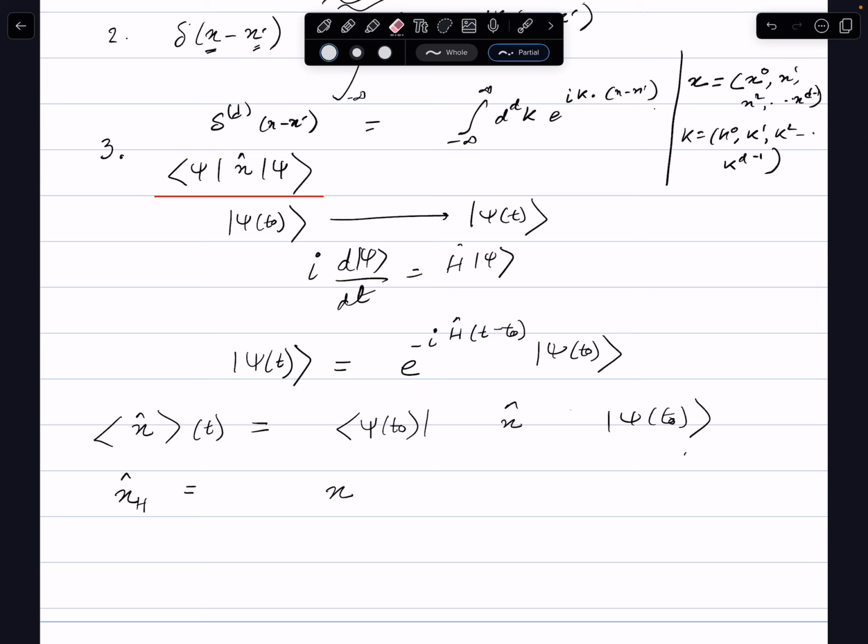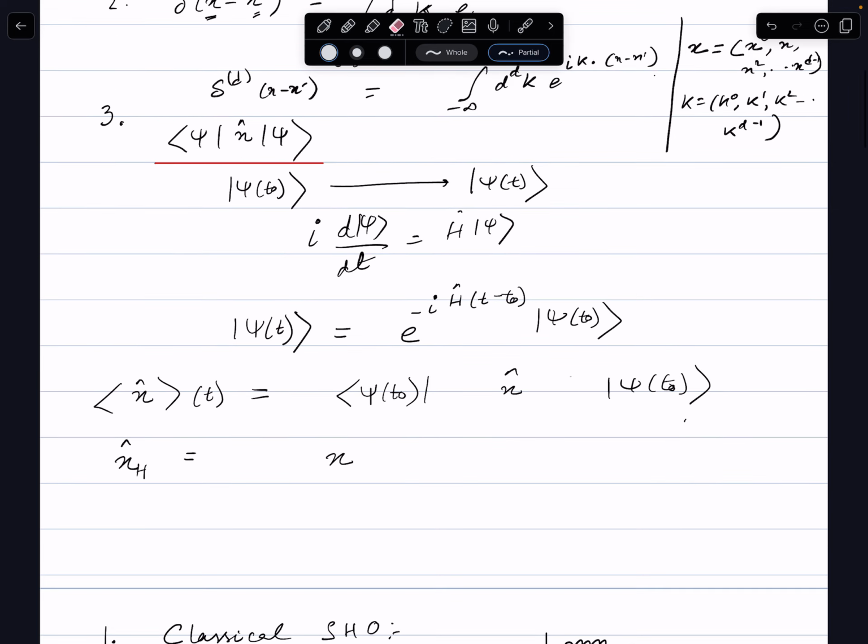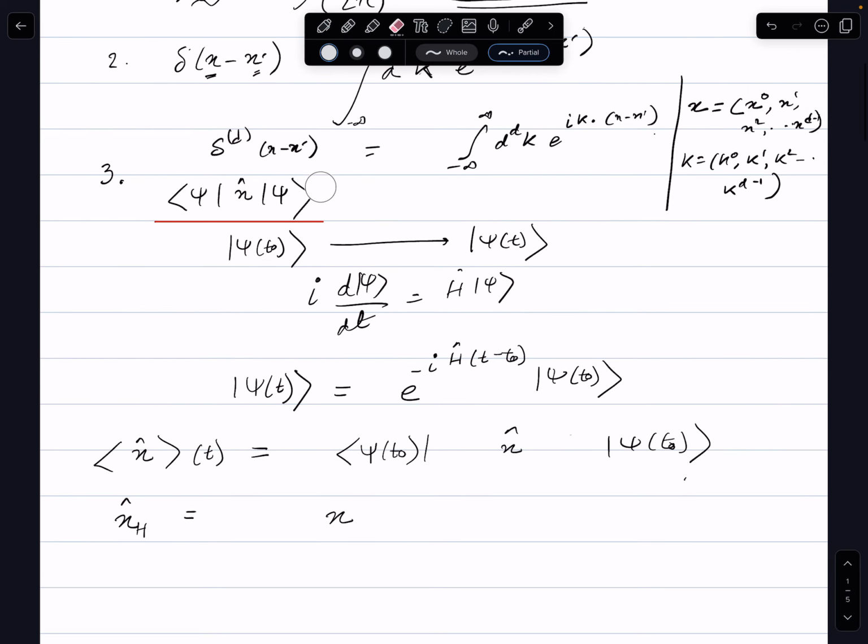So there are two ways to describe this change with time. What we are observing really is this expectation value changing, and there are two ways of describing this change. One is by saying that the state changes. Every particle has some state, and that state changes with time.